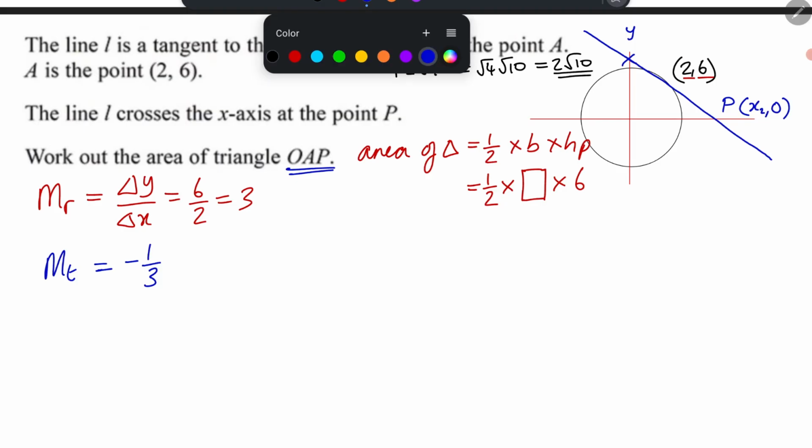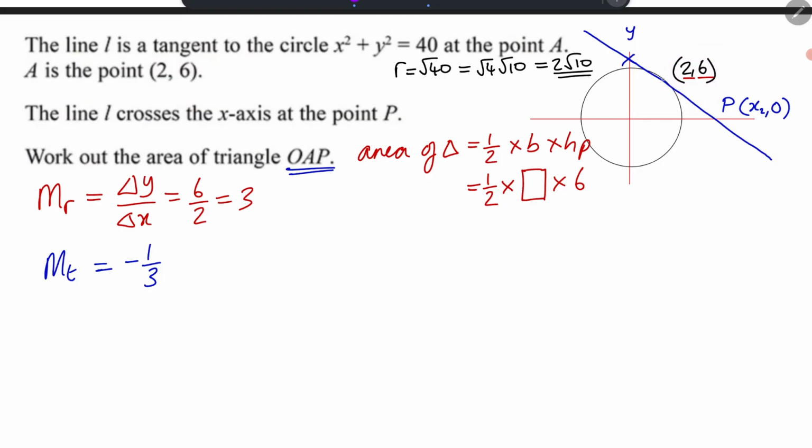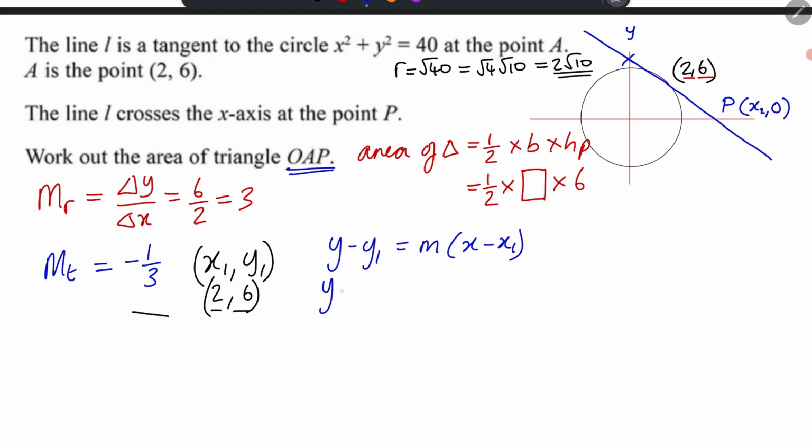Now, we know that this coordinate here belongs to both, exists on the tangent and on the circle. So we're going to treat that as one of our coordinates that we've been given. So we've got (x1, y1) is equal to (2, 6). So we now have enough information to work out the equation of a line using the formula. So y minus y1 equals m brackets x minus x1. y minus 6, that's from here, is equal to the gradient, which is negative 1/3, brackets x minus 2.